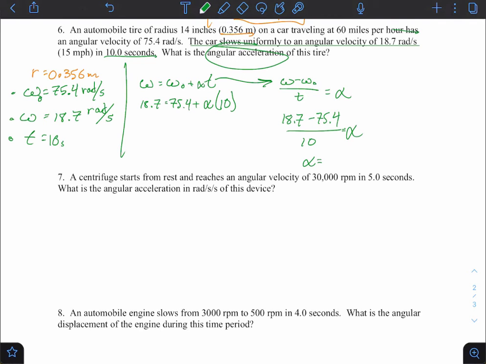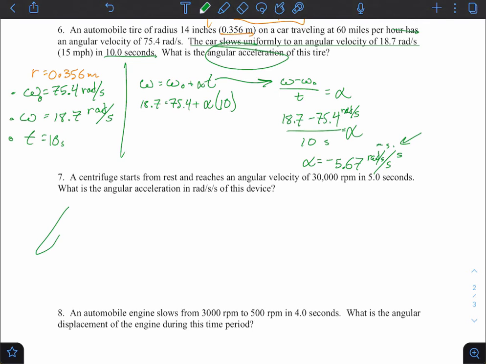So alpha equals negative 5.67 radians per second divided by seconds, or radians per second squared. Just like acceleration is meters per second squared, this is radians per second squared. I know we went over that in the notes, but I'm going to reiterate it here.